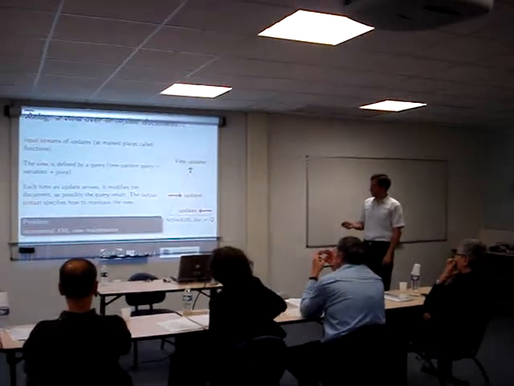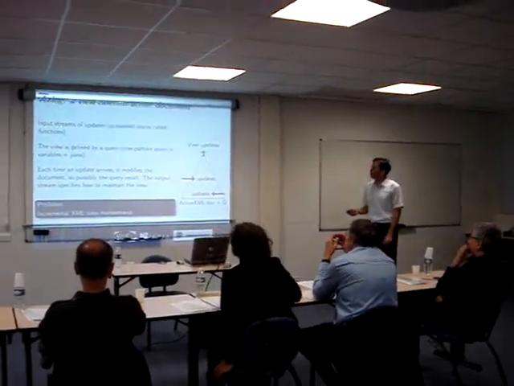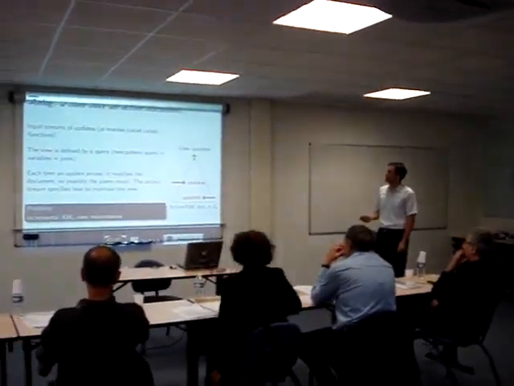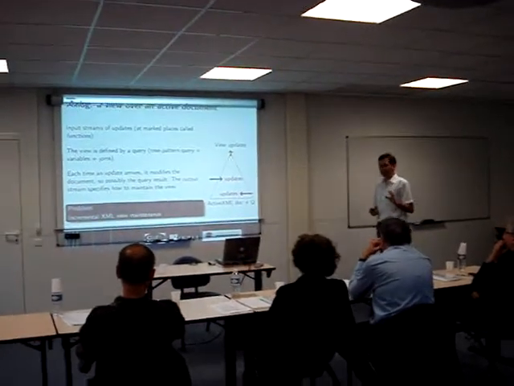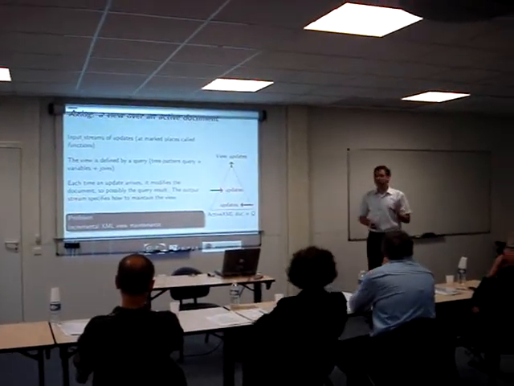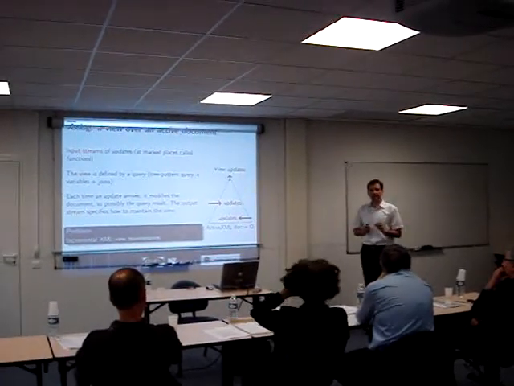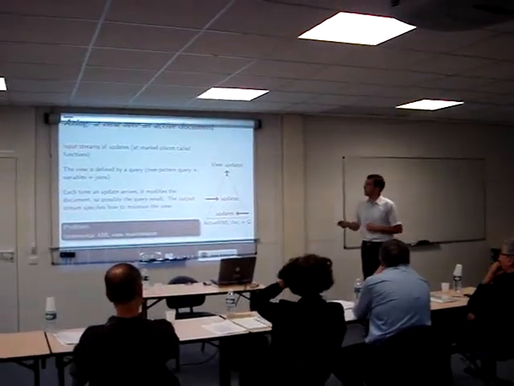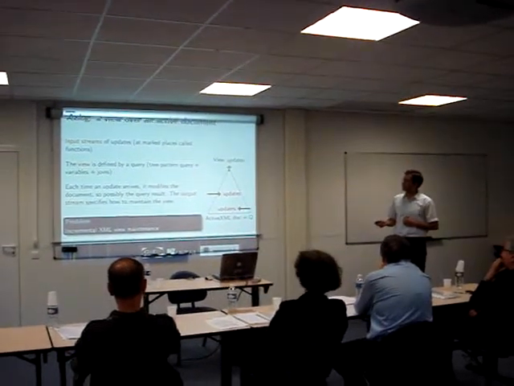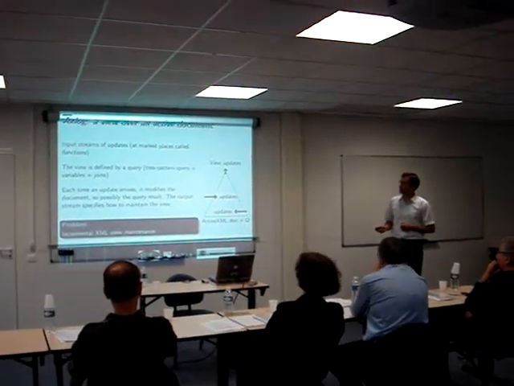Okay, so typically here we have an active document that has input streams of updates. This is very important because the updates arrive at particular places into the document, and these are marked places that are called functions.